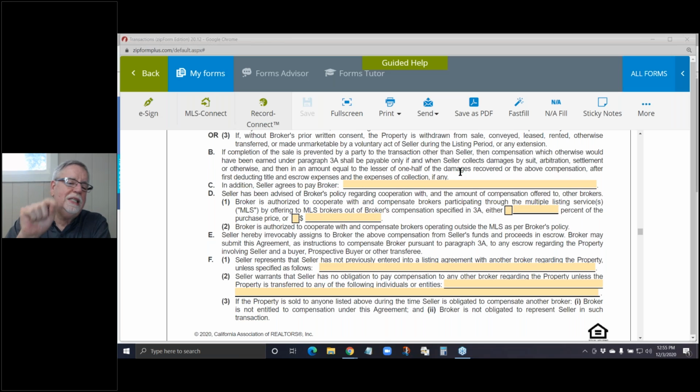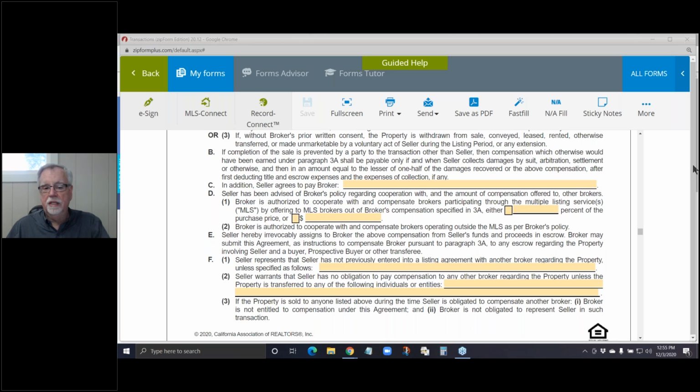So what paragraph 3B is saying is that if, let's say, you're in contract and the buyer backs out, right? The buyer's lost their job, the buyer doesn't have any contingencies, and the buyer made a 3% deposit, and the seller is keeping the 3% deposit because the buyer backed out after they've removed all their contingencies.